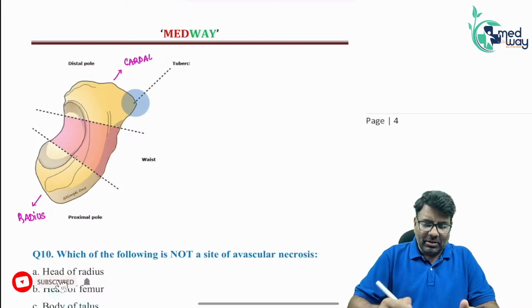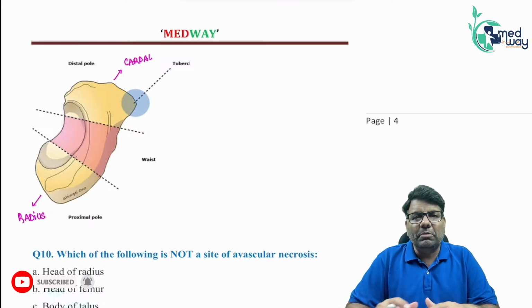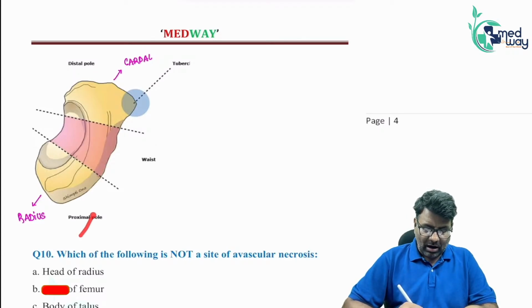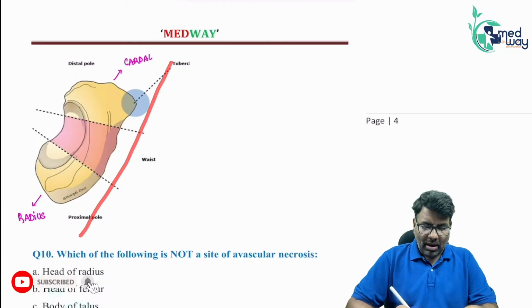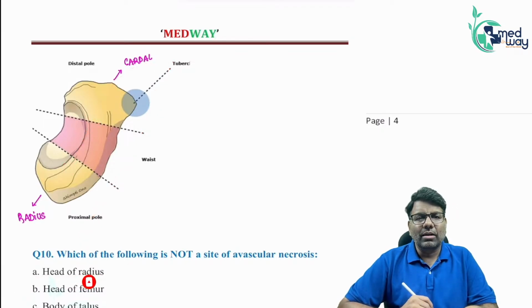Now, what happens? The scaphoid has a very unique pattern of arterial supply. The artery goes like this, and the branch comes like this. Clear?